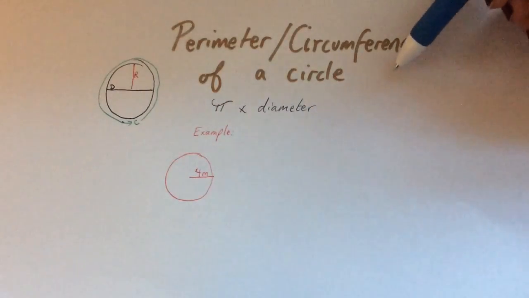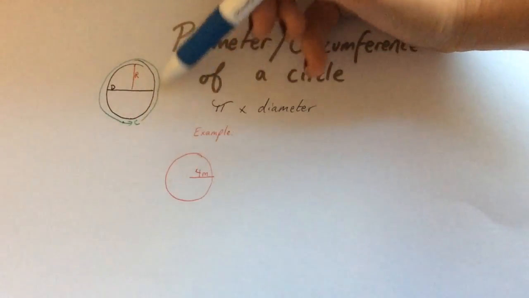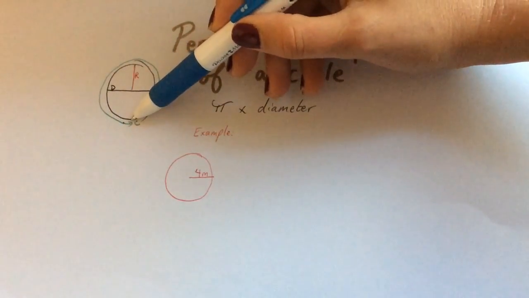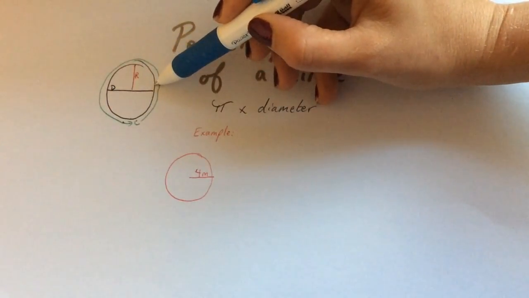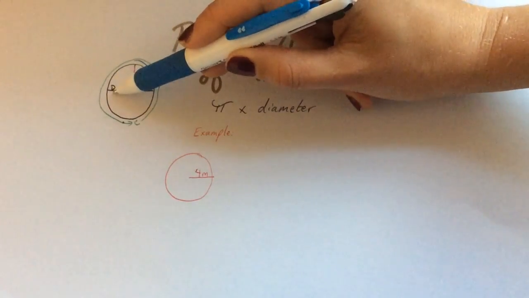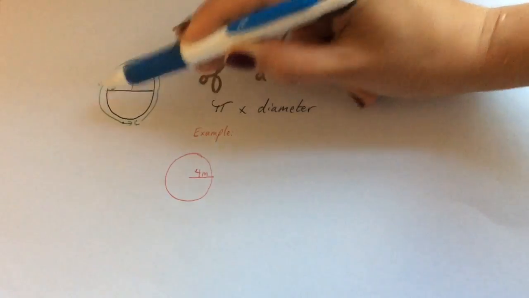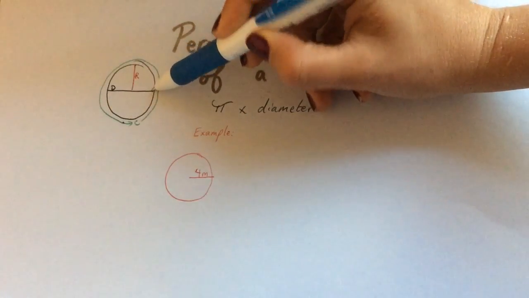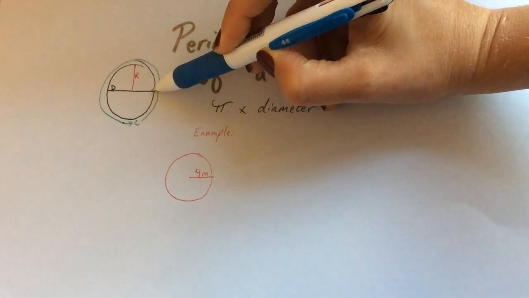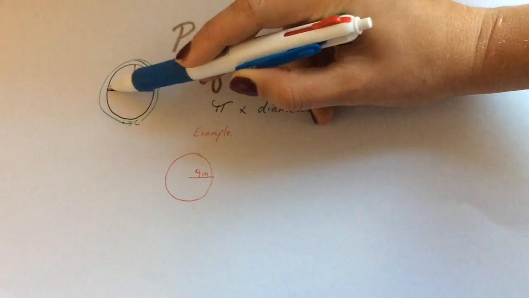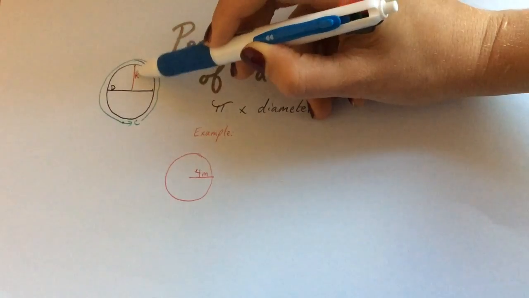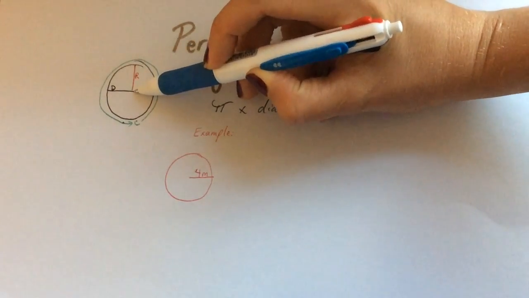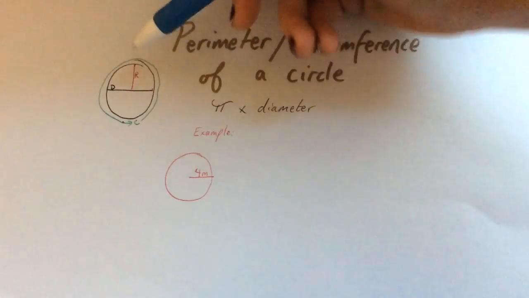So the circumference of the circle is the whole perimeter of the circle. This D represents the diameter, or the distance from one section all the way across, like cutting this circle in half. The full distance across, that's the diameter. Then we have this one here, which is the radius, which is halfway across.